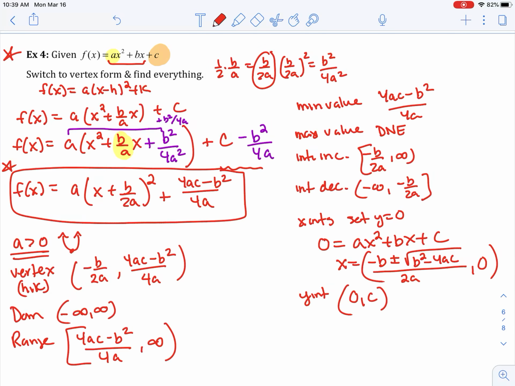And I am going to let you finish and redo this, considering if a were less than 0. So if a is less than 0, what would all of this information be in terms of min-max values, interval increasing, decreasing, etc. Okay, there you go.